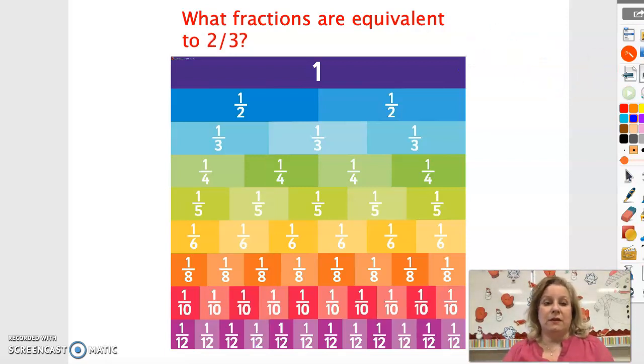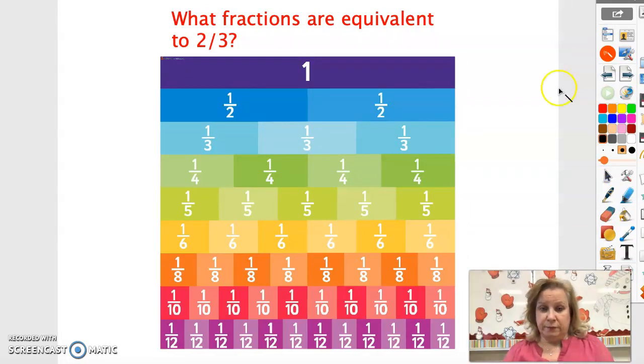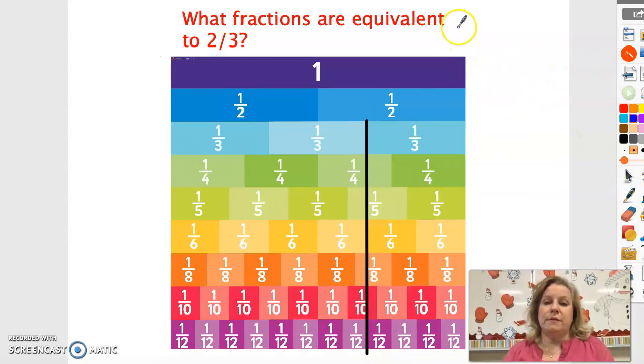And then let's see, 2/3. Again, we find our 2/3 on our fraction strip. And then we just go ahead and put that line down as straight as you can. Okay, and then you see that 2/3 is equal to, look at our fourths.